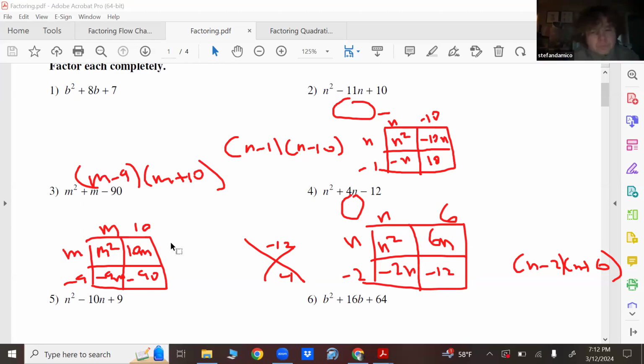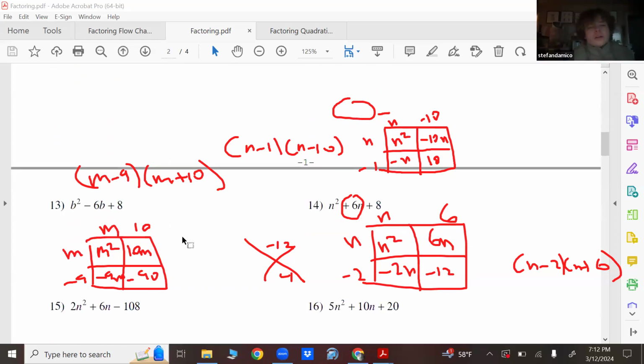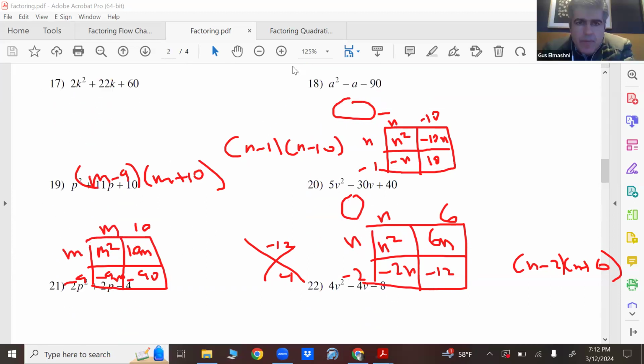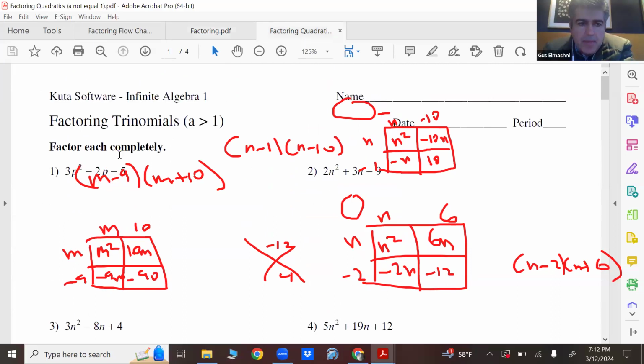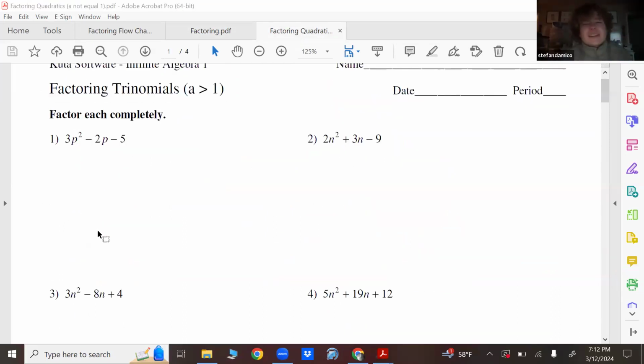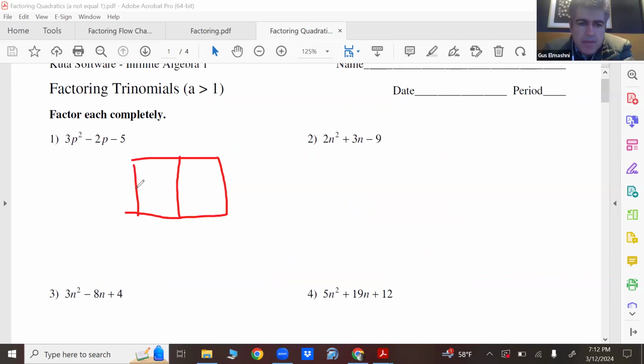Now, sometimes they get a little more complicated. This is when the leading coefficient is not one. I'll still do the same thing: 3p squared and -5.